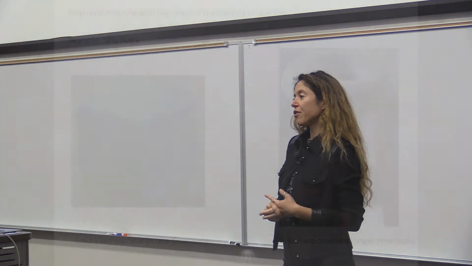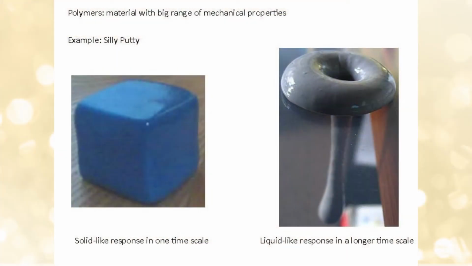You have polymers we see in everyday life. For example, silly putty is a material that kids play with, and they can make it look like a cube. They leave it on a table. It's like a solid. And then you can go there two or three days after, or maybe a week, and it starts to melt.